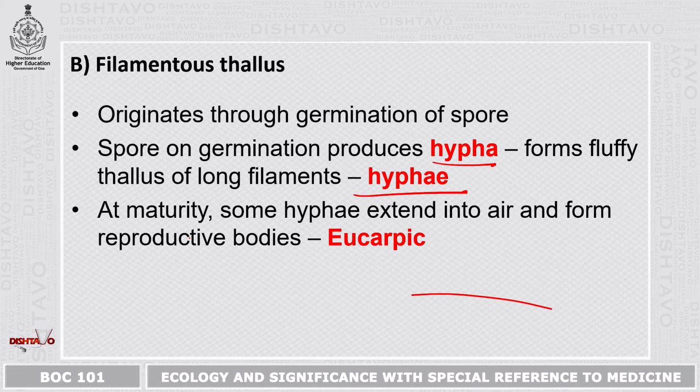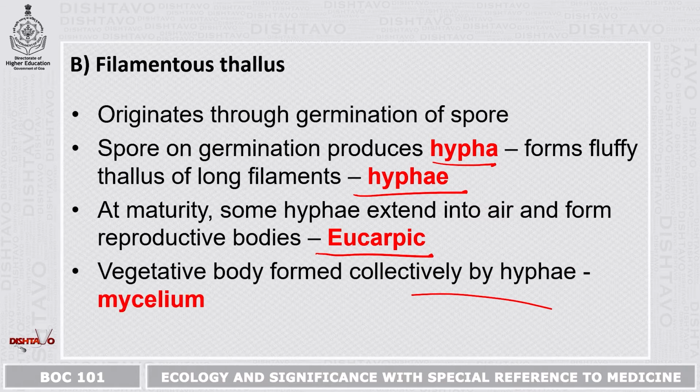At maturity, some of the hyphae extend into air and form the reproductive bodies, and the other part of the thallus spreads on the substratum. And these types of fungi are called eucarpic forms of fungi.